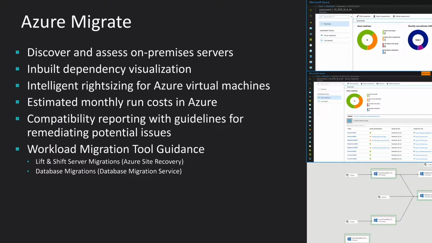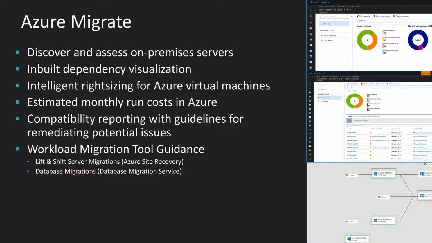Azure Migrate allows us to estimate the right size of the VM. We can look at what the current performance is and what resources you have provisioned on that virtual machine, and then recommend a feasible sizing on the Azure platform, so that you're not provisioning a VM that's too big, but at the same time you've got comparative performance to what you're currently experiencing. We can also report on potential issues.